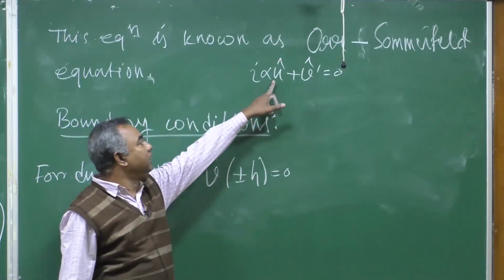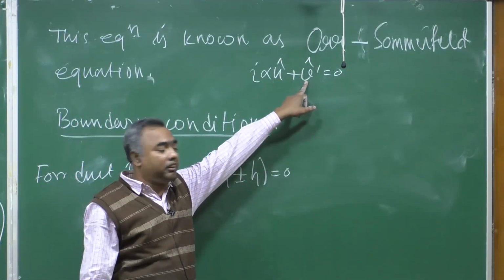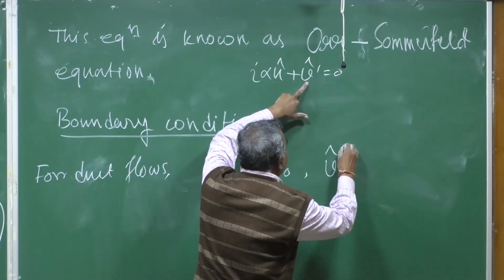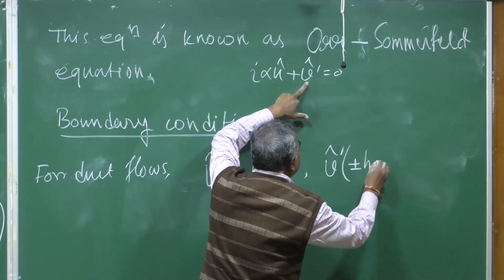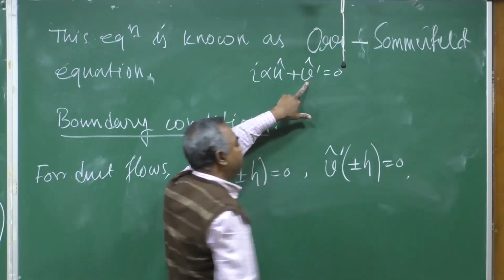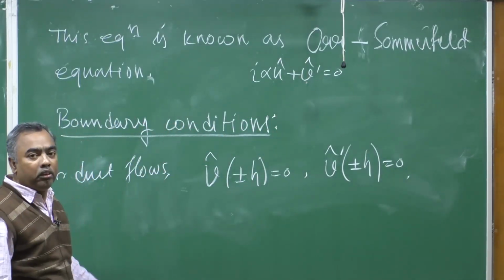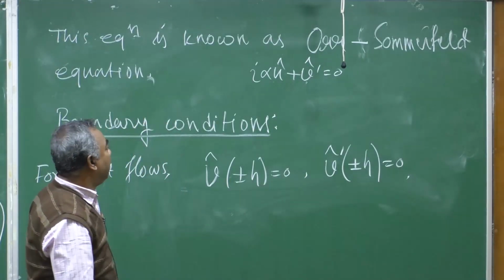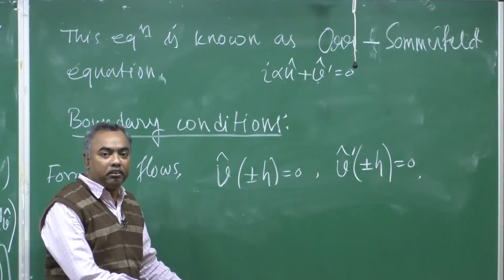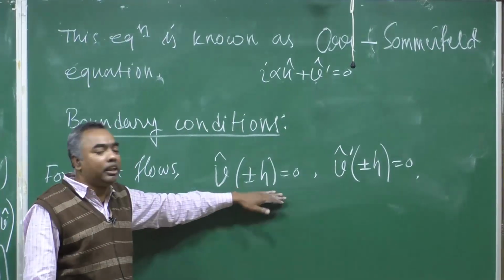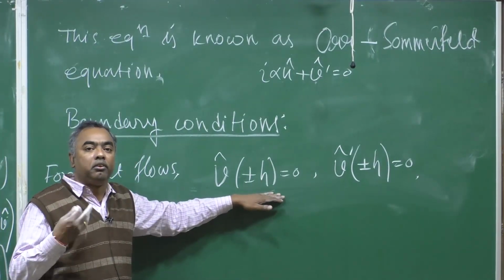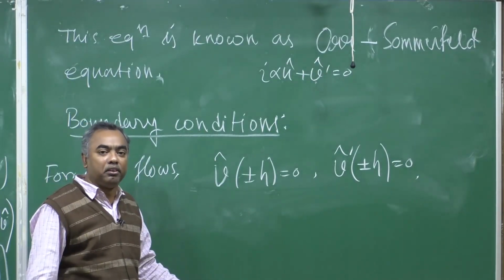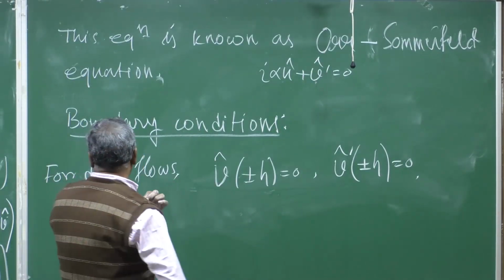So, that means if this is 0, then not only this, actually v hat prime at plus minus h should be equal to 0. So, for a fourth order equation you have 4 boundary conditions. And this equation is a homogeneous equation. So, a homogeneous equation with homogeneous boundary conditions can be solved as an eigenvalue problem. So, that is the point.